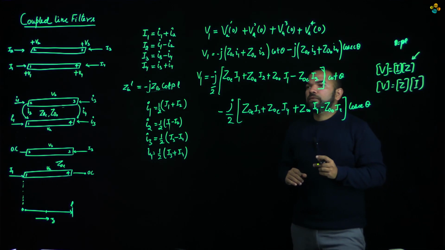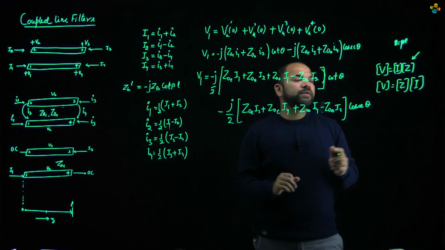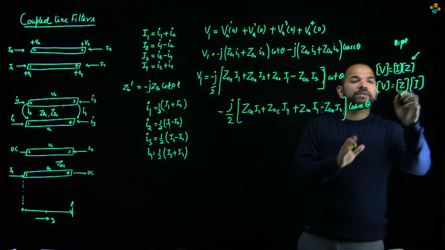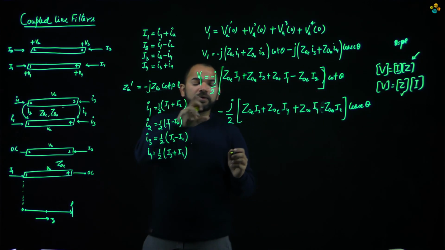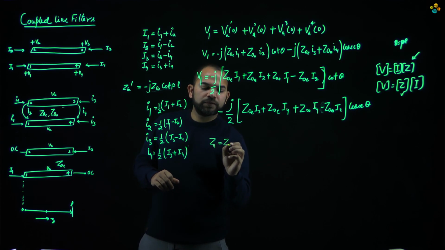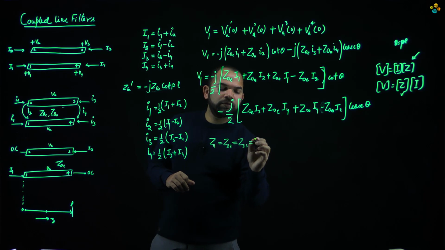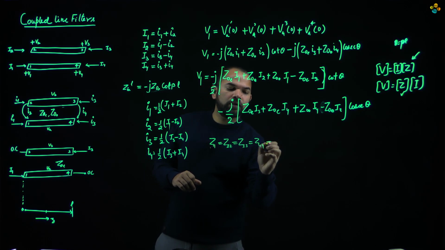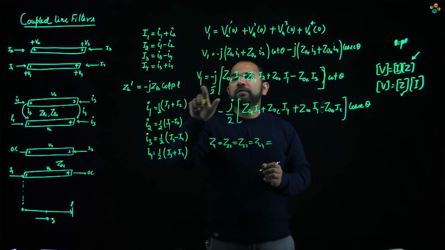Okay. So now if we know this and we know the symmetry, we can write all the Z parameters from this. So what are the Z parameters, by seeing this, say Z11, Z22, Z33, Z44? How are they going to look? So Z11 is going to be V1 upon I1.